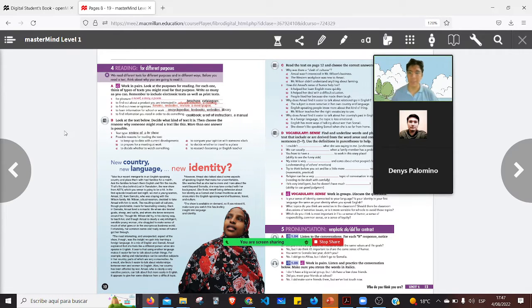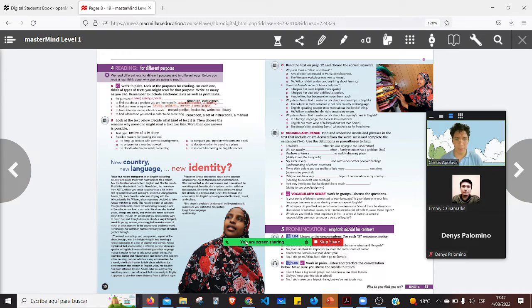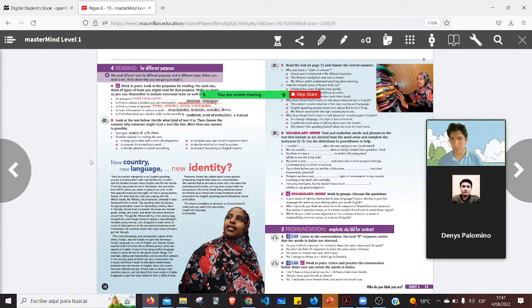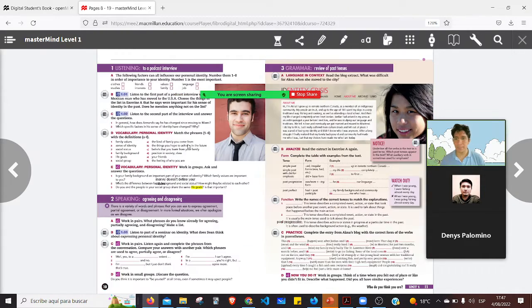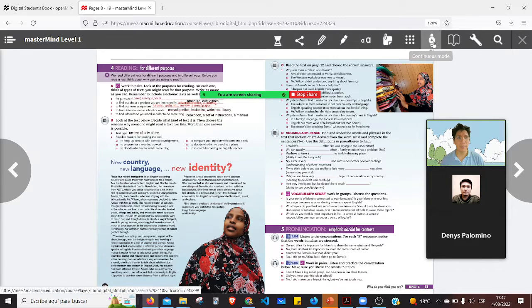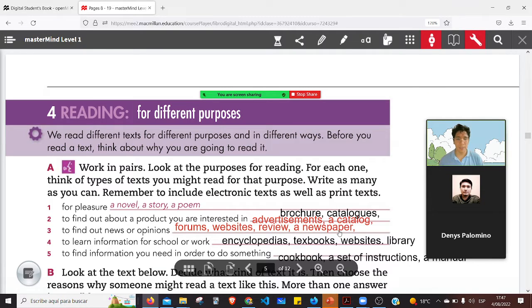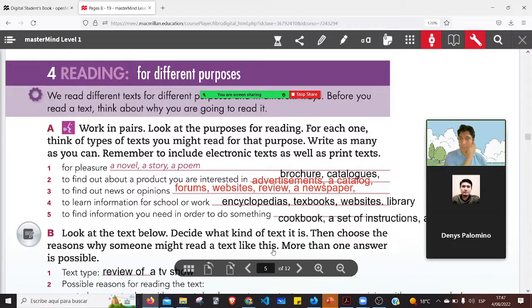Page for different purposes. Okay, guys, do you want to read? Okay, I need to make this bigger. Oh my goodness. Okay, we have some answers, right? Remember, when you want to learn, when you want to carry out research, carry out.